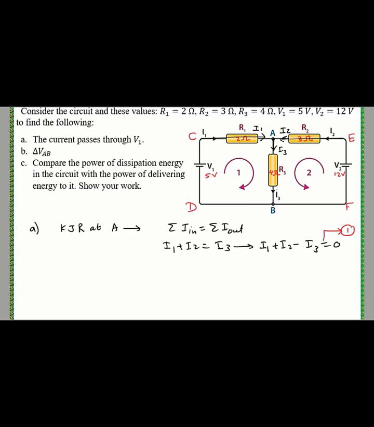Now apply Kirchhoff loop rule, the voltage rule, on the first loop, this one, starting from D, C, then A, B, D. Summation IR equals summation EMF. First, let us check the currents and their resistance.